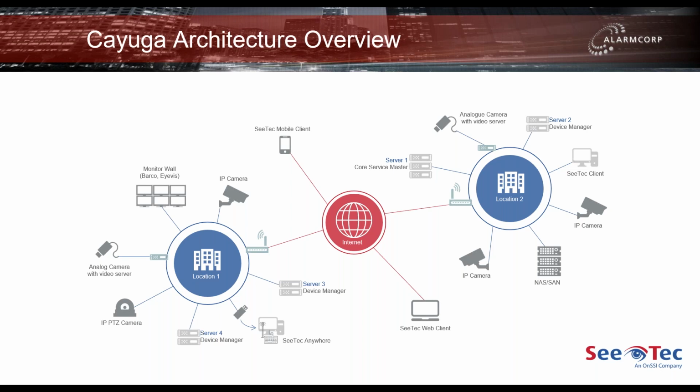The device managers, the recording servers in other language speak, are just single devices, and there's a number of those, 1, 2, 3, and 4. But we're going to cover off a few of the additions and how they can be sliced and diced to give you the various types of failover that you can deploy for your various size systems.